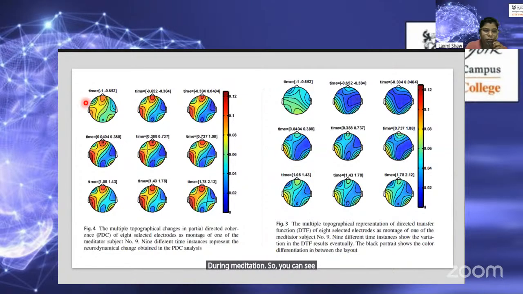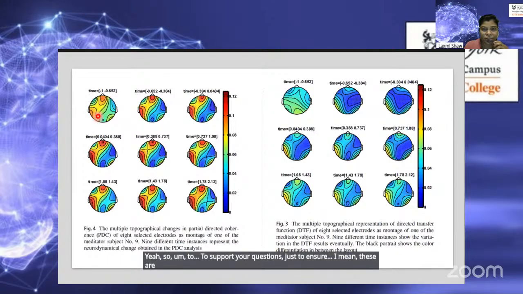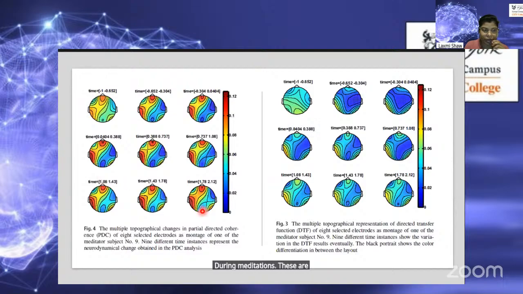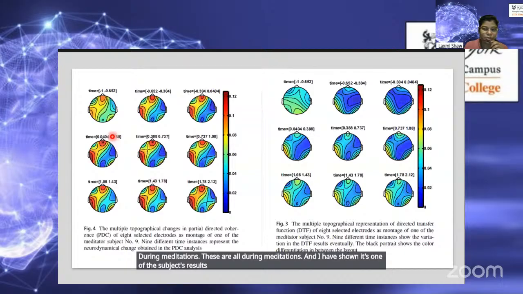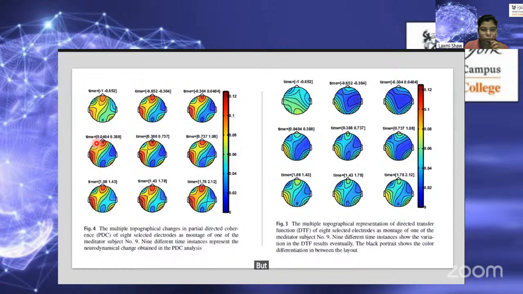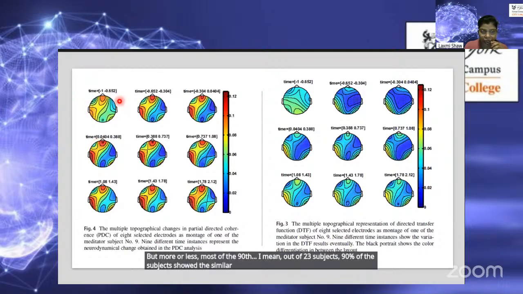To support your question, these are the topographical representations at different time instances during meditation. I have shown one of the subjects' results, because we are using 23 subjects and it would be difficult to show all 23 subjects' plots, but out of 23 subjects, 90% of the subjects show a similar pattern during meditation.